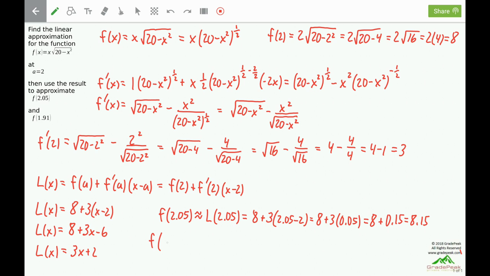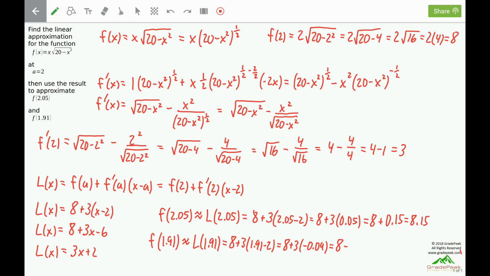F of 1.91 can also be approximated with this linearization. Using the same version, we'll give 8 plus 3 times 1.91 minus 2, which will be 8 plus 3 times negative 0.09, giving 8.